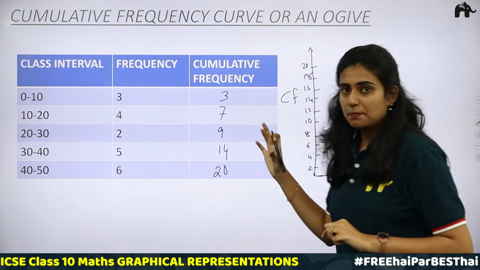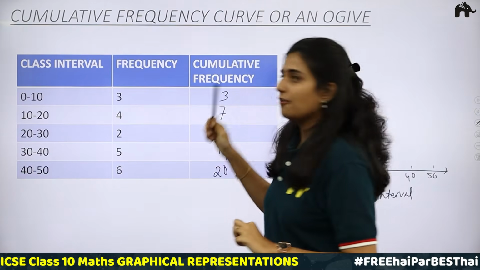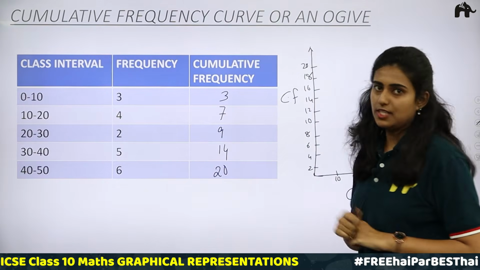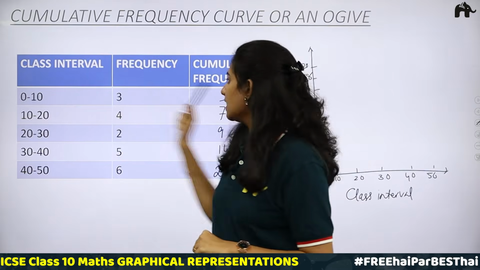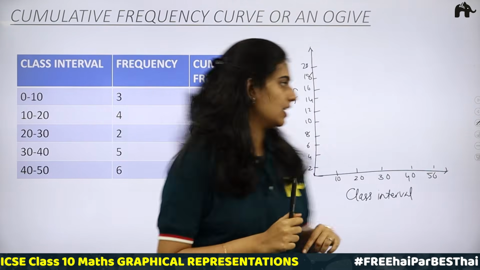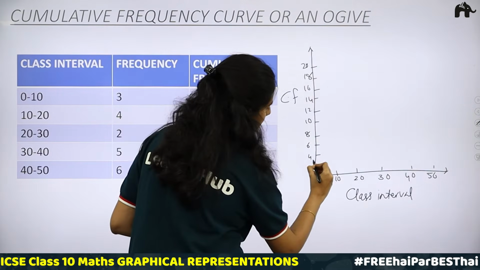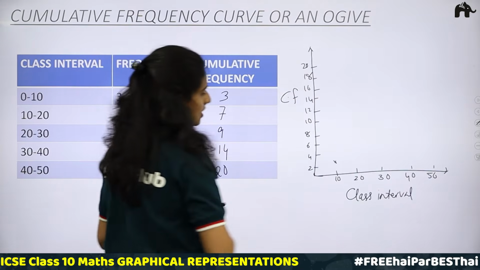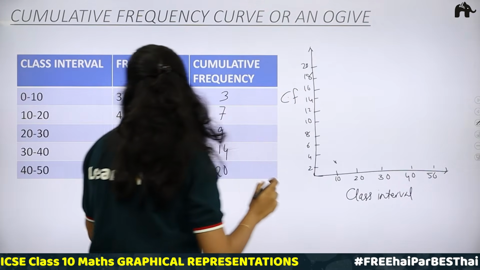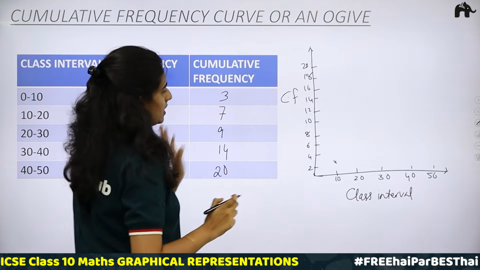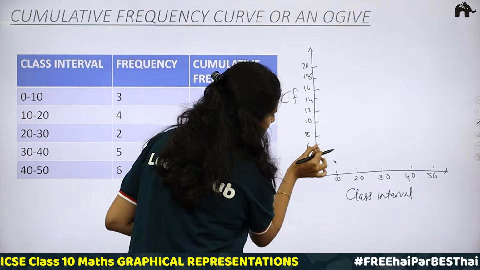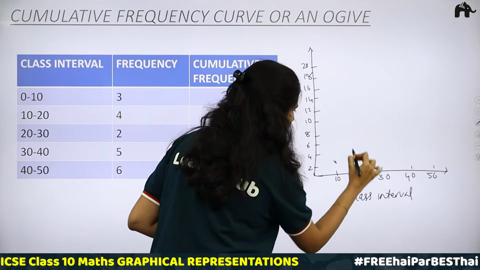We have to mark the points with the upper limit of each interval and the corresponding cumulative frequency. Here the upper limit is 10 and the corresponding cumulative frequency is 3. 10, 3. Mark the point. Next, 20: the upper limit is 20 and the cumulative frequency is 7. Between 6 and 8 you will be having 7.